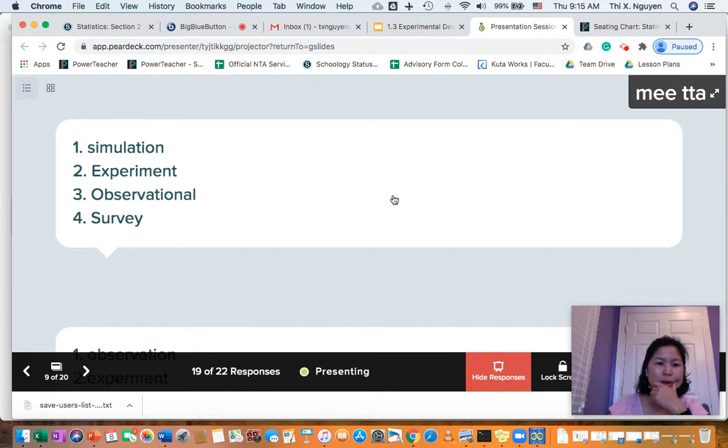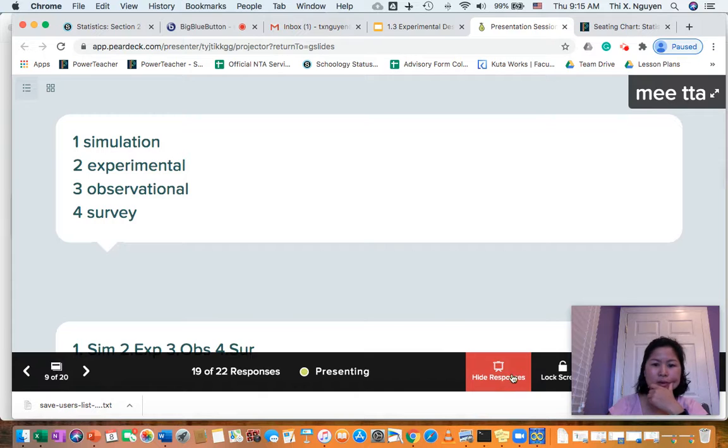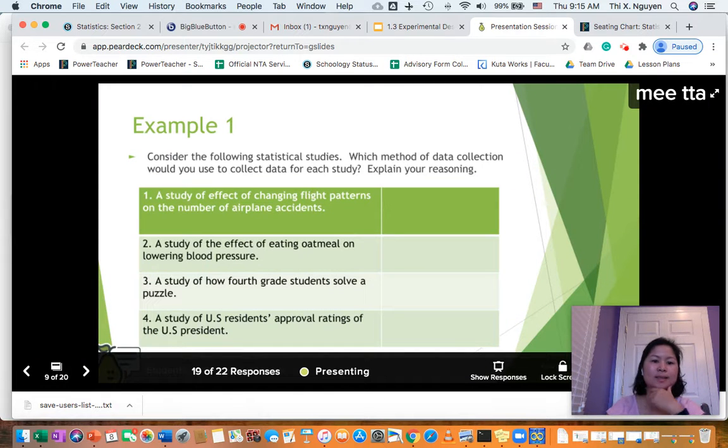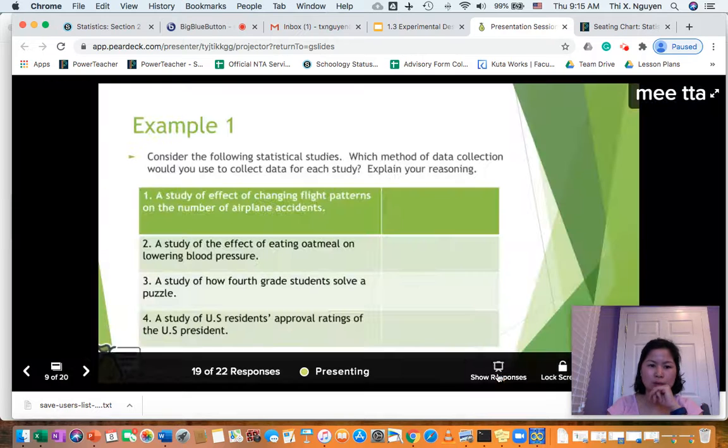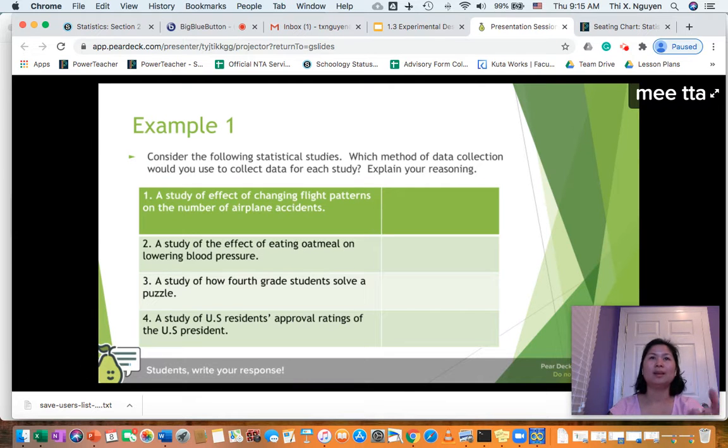All right. So simulation, okay, so hold on. Number 2 is a study of the effect of eating oatmeal on lowering blood pressure. For this one, I can see some of you may go a different route. It's actually an experiment, because it's the effect of eating oatmeal. So you actually give someone the oatmeal and you observe and record that, right?